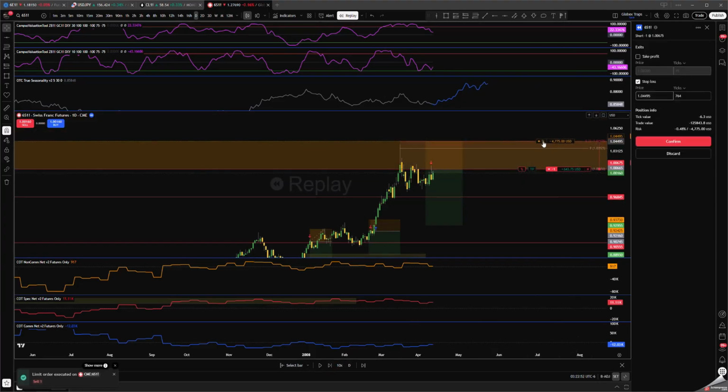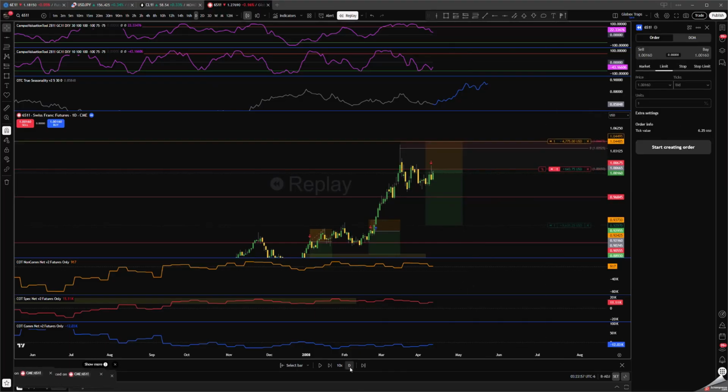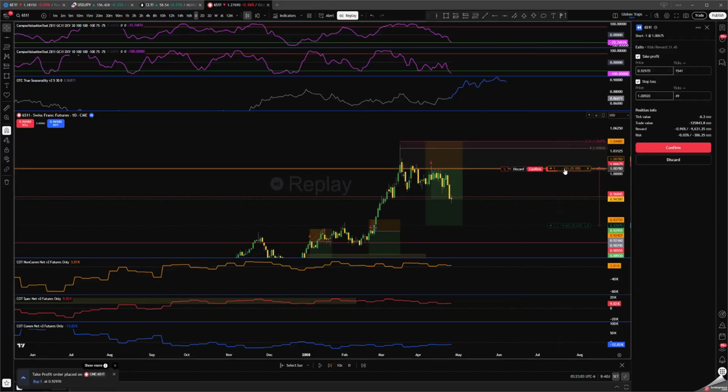Entry filled. Take profit there. Stop loss to break even.